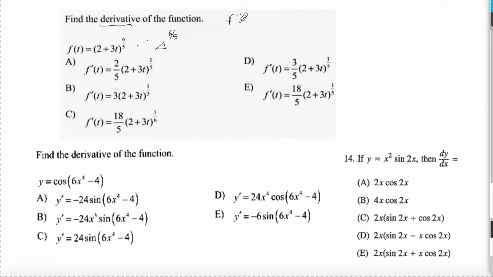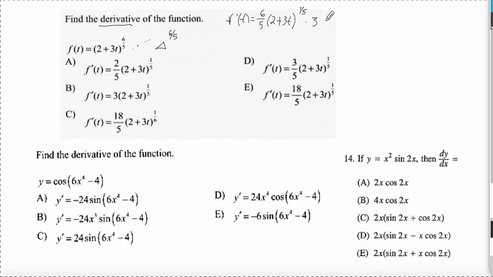I can take my derivative using my chain rule. The chain rule says take the derivative of the outside function first. So I bring down the 6/5, it's a power rule thing. I'll subtract 1 from that, which is 5/5, so it'll give me 1/5 left over, multiplied by the derivative of the inside, which is 3.